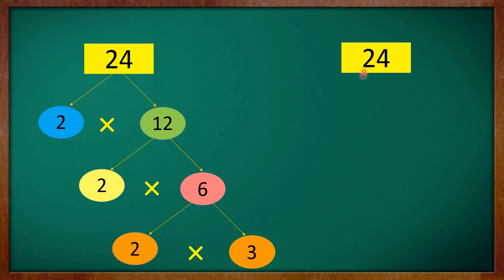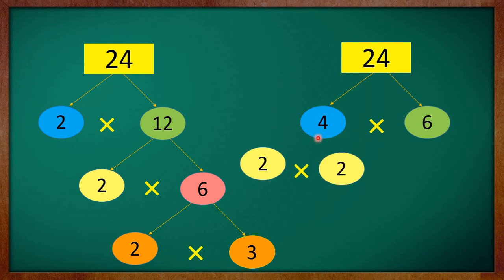That means the multiplication fact 4 multiplied by 6 will give us two factors of 24, which will give us the branches of this factor tree as 4 and 6. Now kids, if you look at 4, you can divide 4 by 2 and you can get the factors of 4 as 2 multiplied by 2. And if you look at 6, you can get the factors of 6 as 2 multiplied by 3.